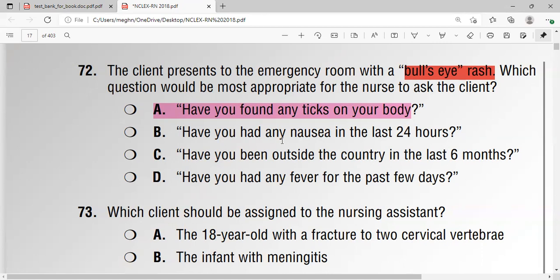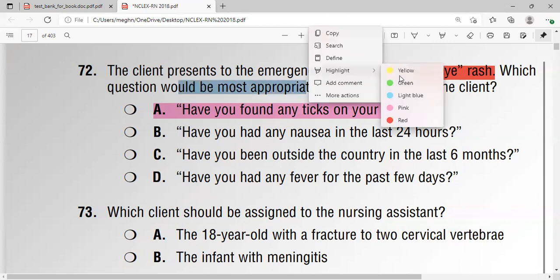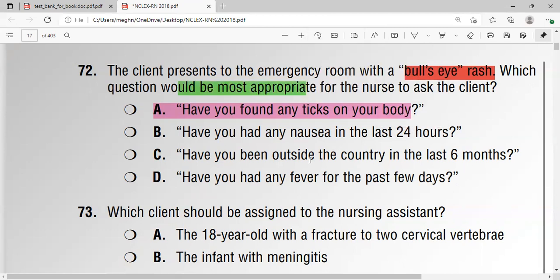Have you had any nausea in the last 24 hours? It is an important question, but it is not the most appropriate. Number D, have you had any fever? It is important, increased body temperature, but not most significant. More significant: have you found any ticks?